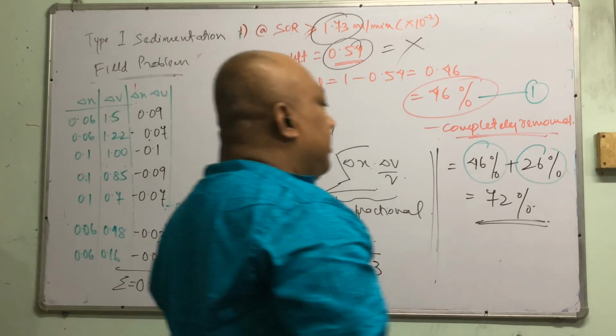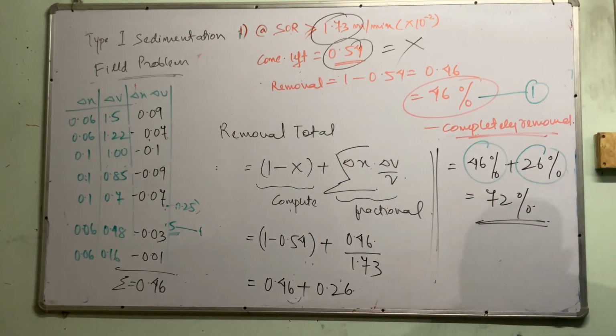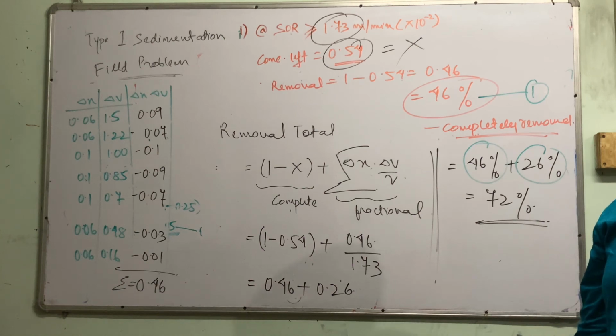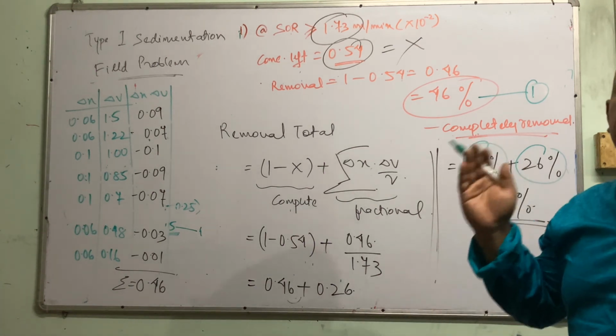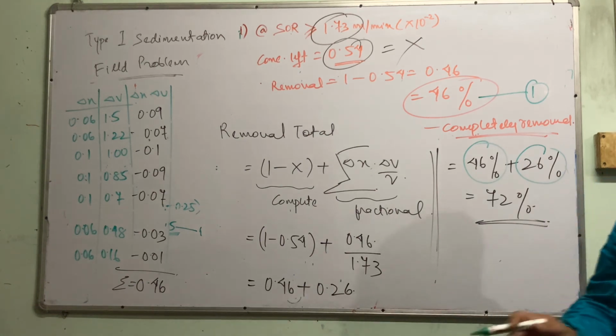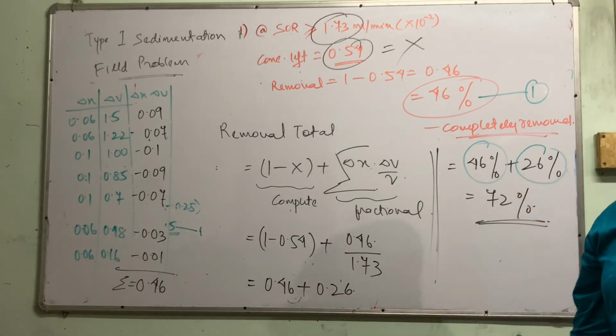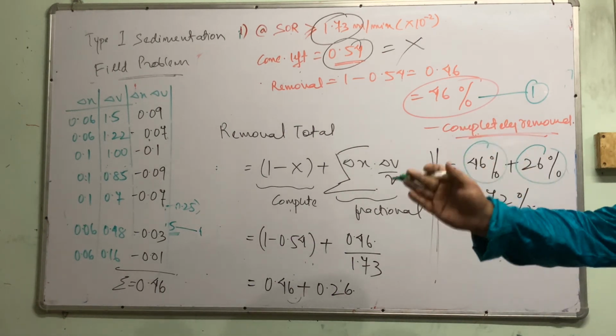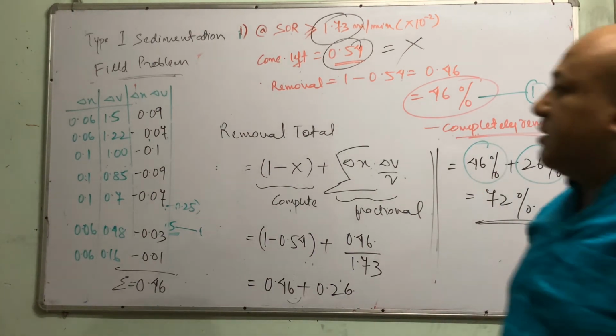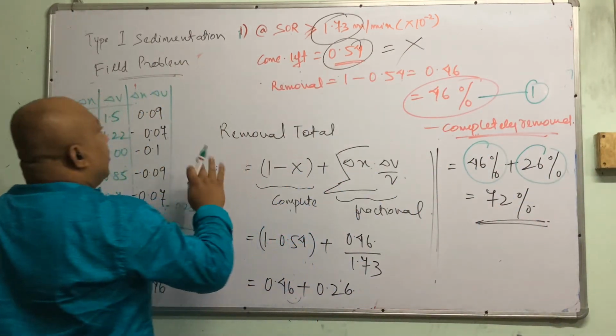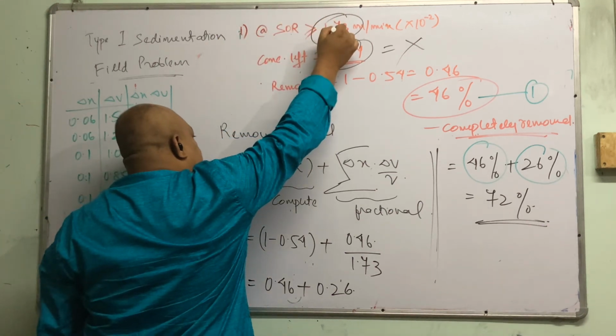So let me repeat the question again. For an existing grit chamber of design SOR value of 25 meter cube per meter square per day, constructed with 1.8 meter depth, what will be the performance of the reactor if the incoming water characteristic is like this? What we do, we collect the samples, we do settling analysis tests in a lab at 1.8 meter depth, we find the settling velocity at different times, we do analysis, we calculate, and finally we know that the SOR design value is 1.73.